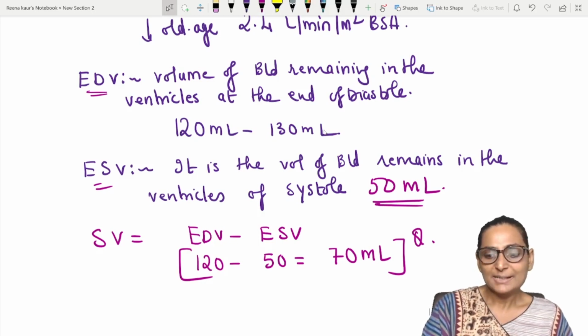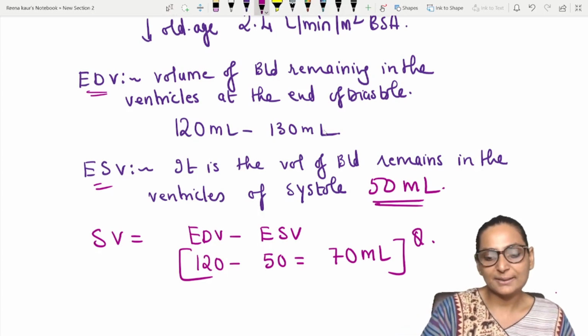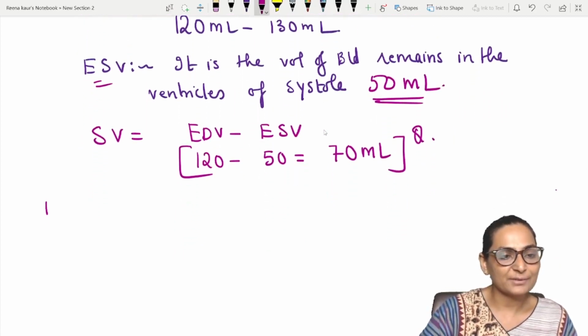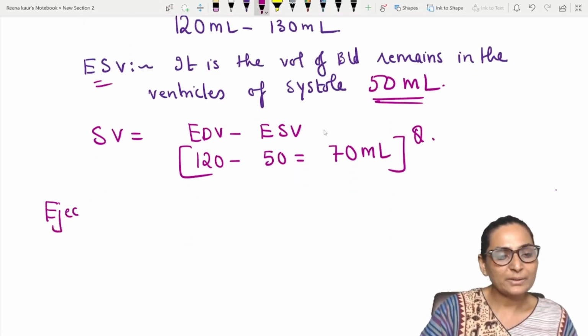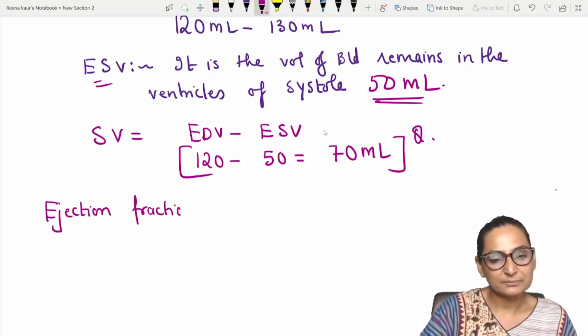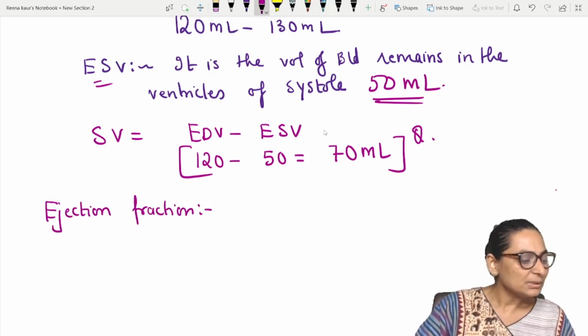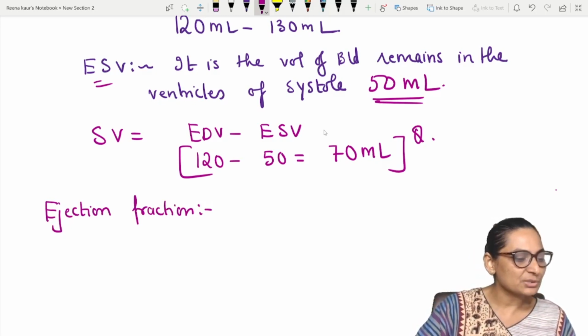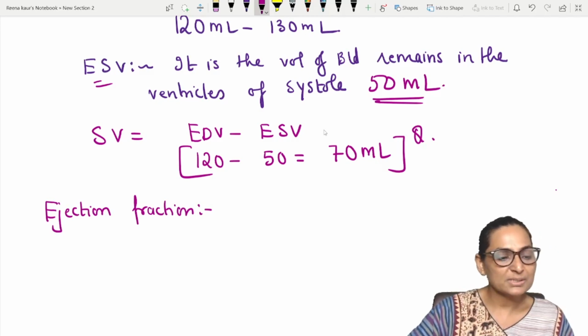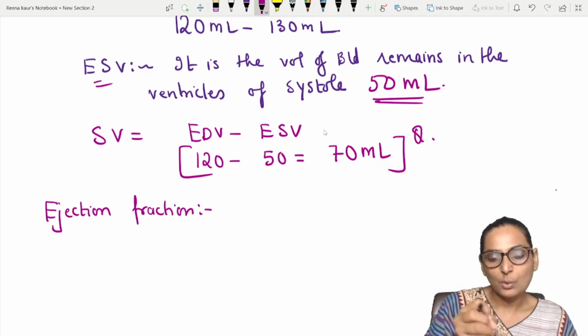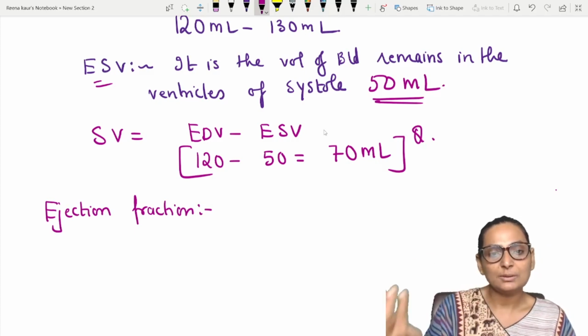Now let's move on to another interesting thing which we call the cardiac or the ejection fraction. What is ejection fraction? This word ejection fraction is very, very important because it is actually telling you what fraction of the end diastolic volume is given to the body.